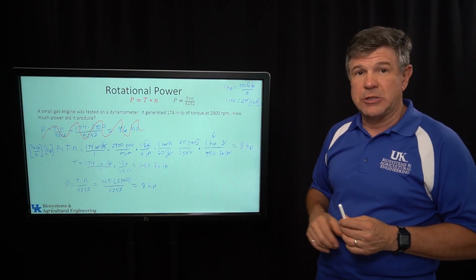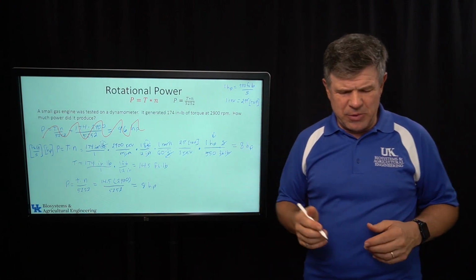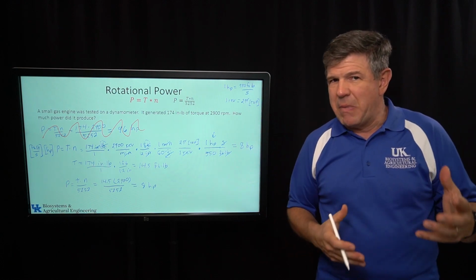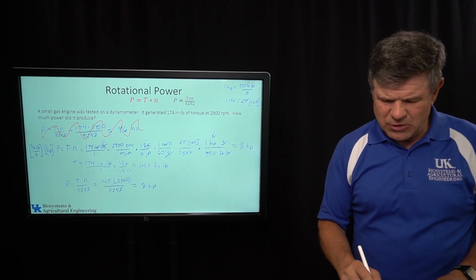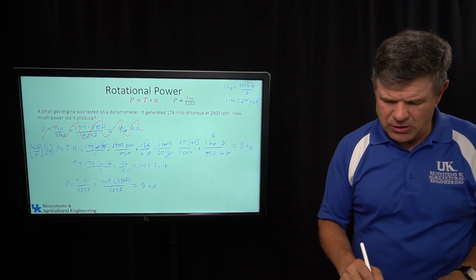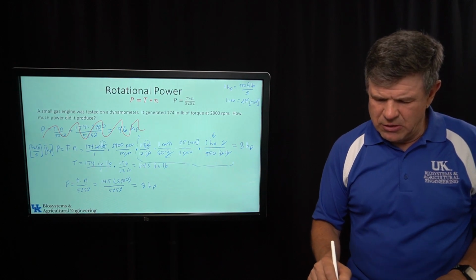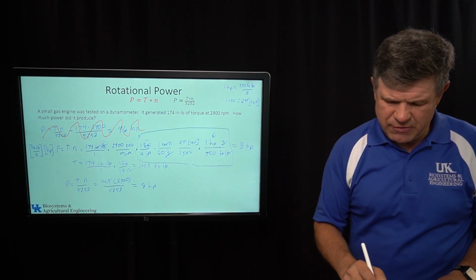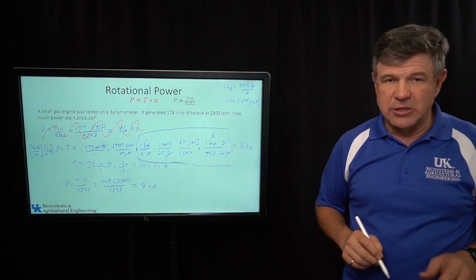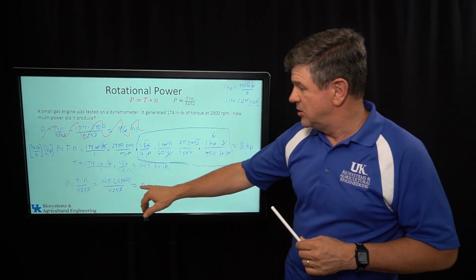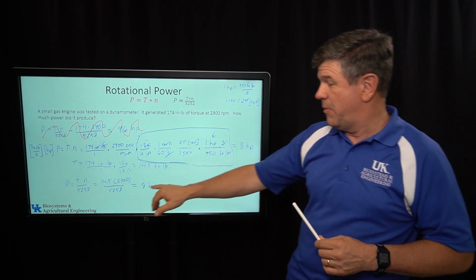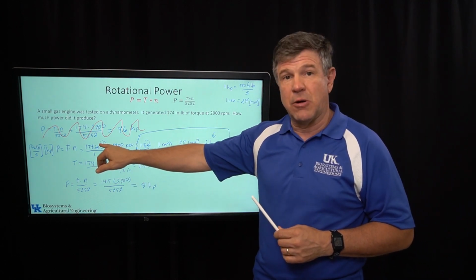So understand that. Now, if we want to go a little bit deeper into the math, this whole part of this equation, all of this units conversion stuff, that's what gets chunked into a number down here. These would not come out to be 52 because I started with inch-pounds.